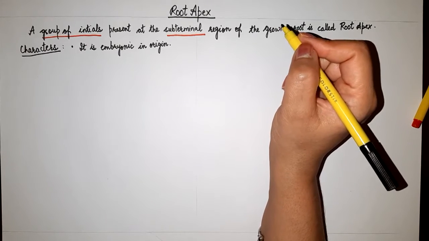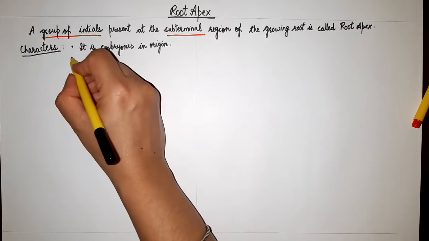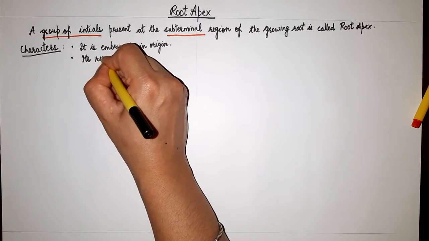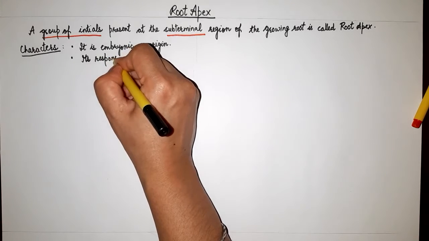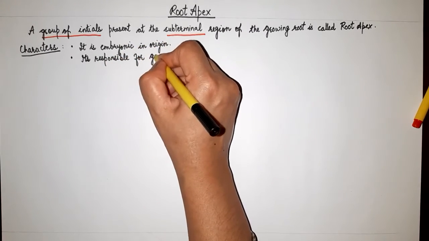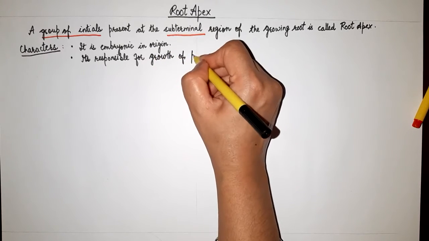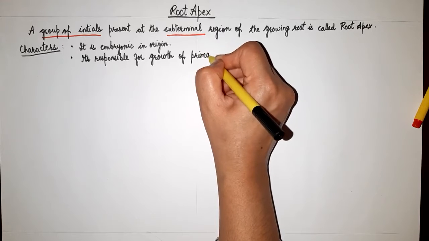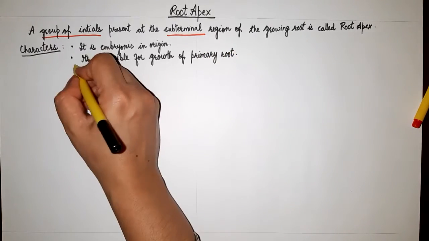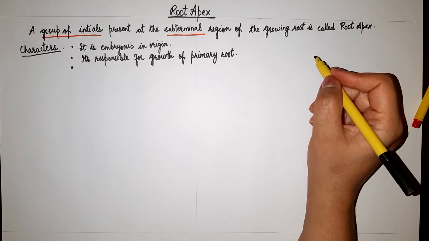Means the meristematic cells, this zone that is formed within embryo, it's responsible for growth of primary root. The initial growth of the root, which is called primary root, that is because of root apex.